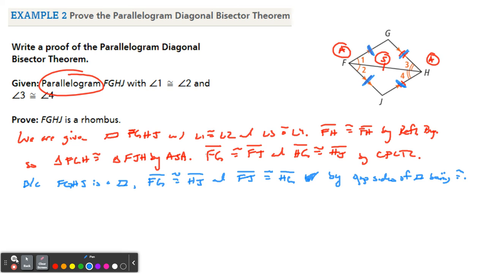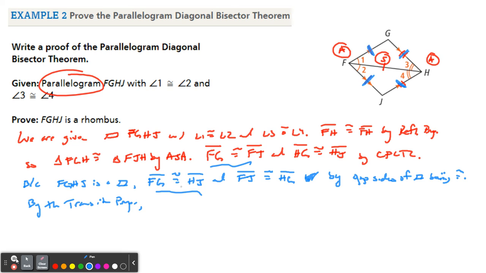So now, if you look here, by the transitive property, if I use these two, FG is congruent to FJ and HJ.